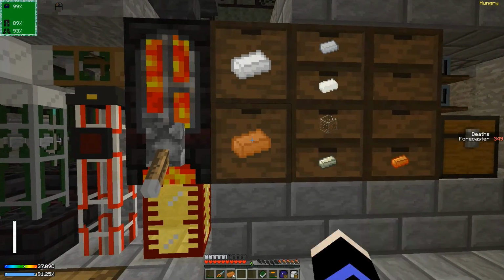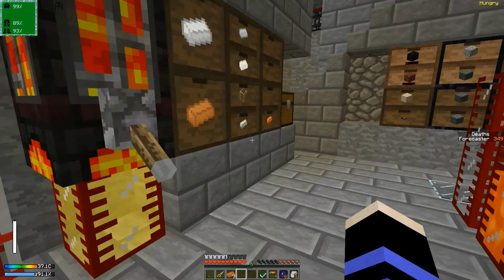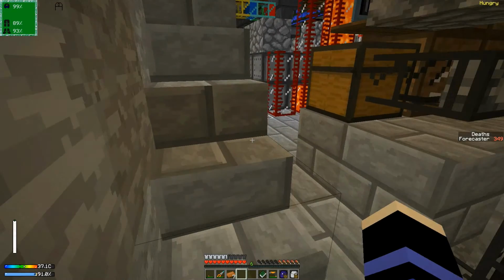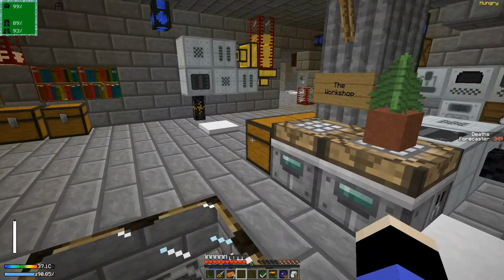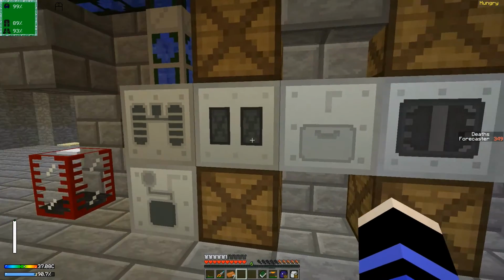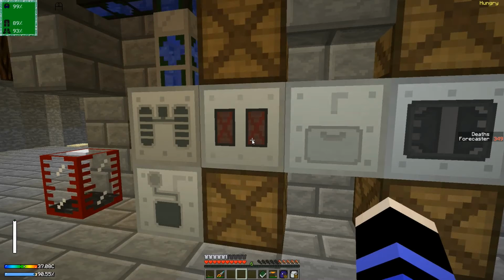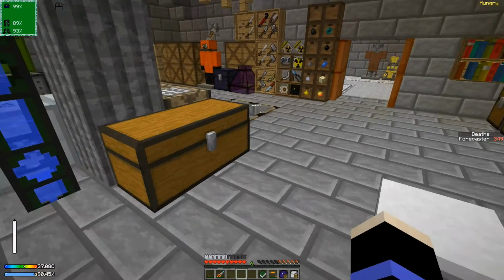So get 3 more of those. Let's go upstairs and process these copper ingots while we wait for the iron. And there's a dramatic thunderstorm, apparently. Don't know, I have a piece of rotten flesh.